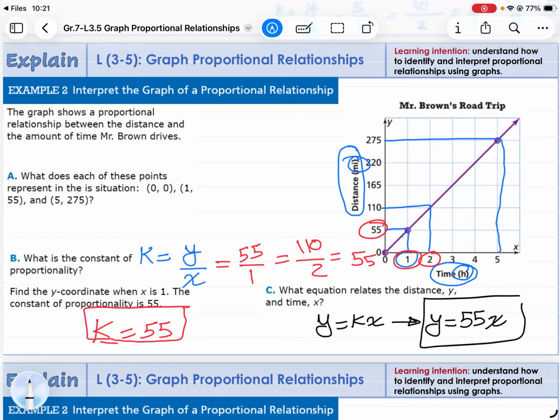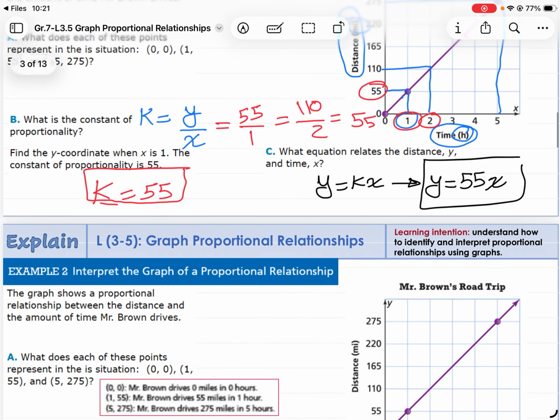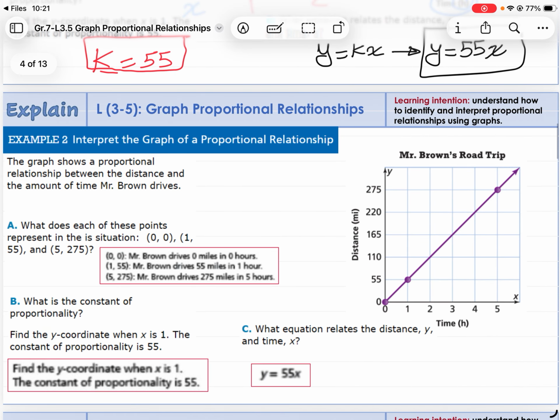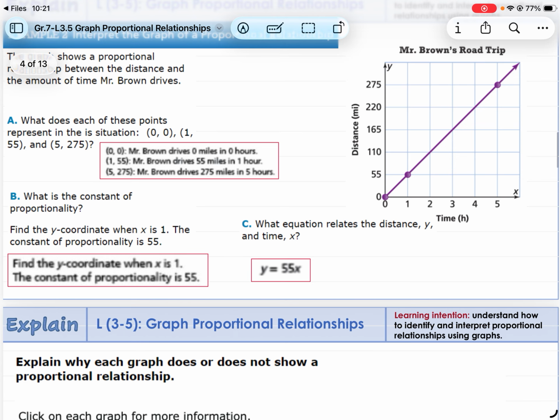As you can see, it's mainly related to 3.4. We're just getting to know a new idea, which is how to get k and the equation from a graph. That is the new thing they're adding in this lesson, and also how to identify if a graph represents a proportional relationship or not.